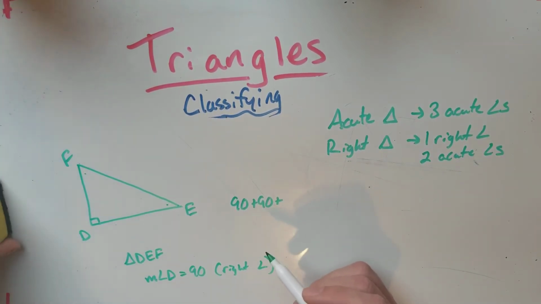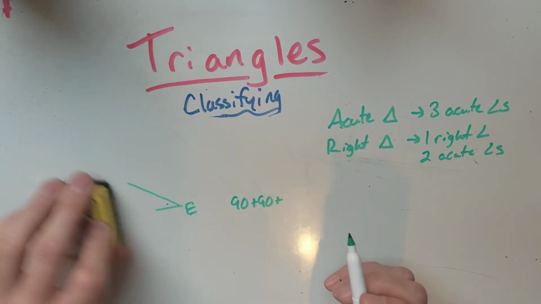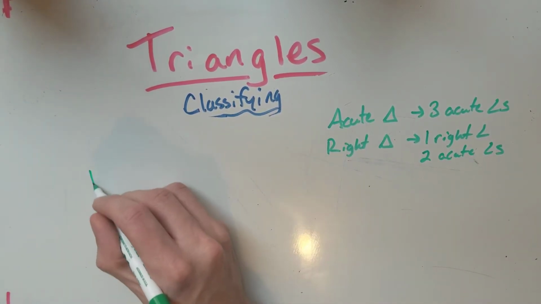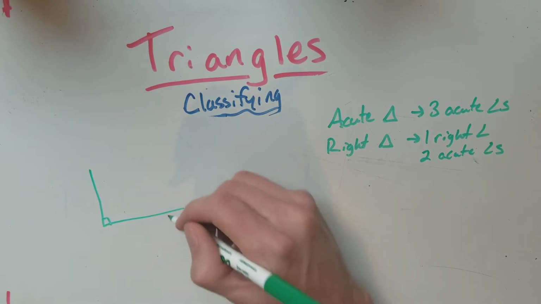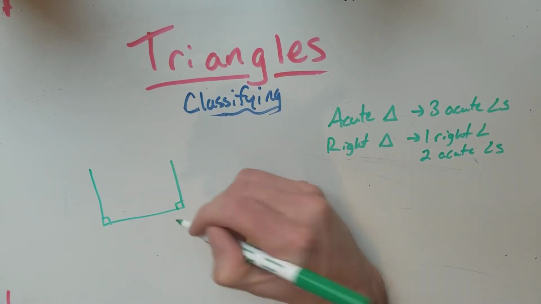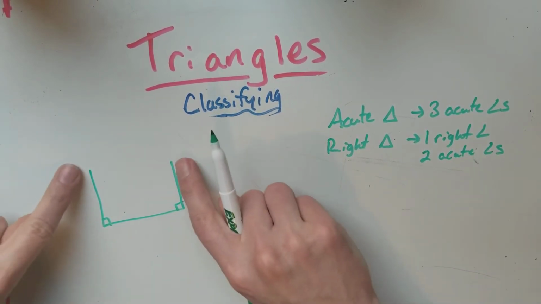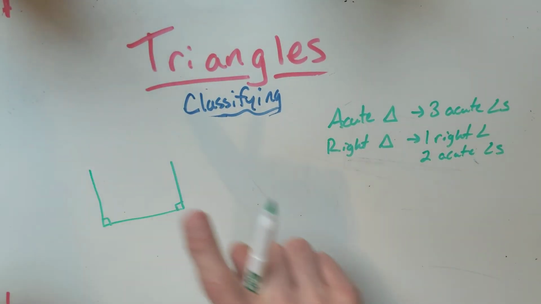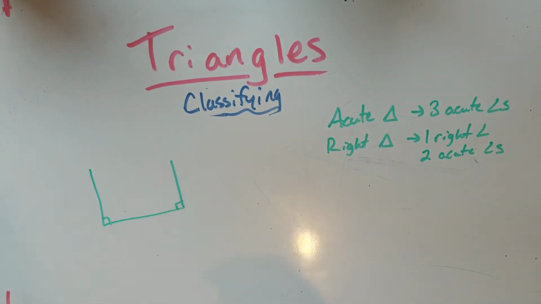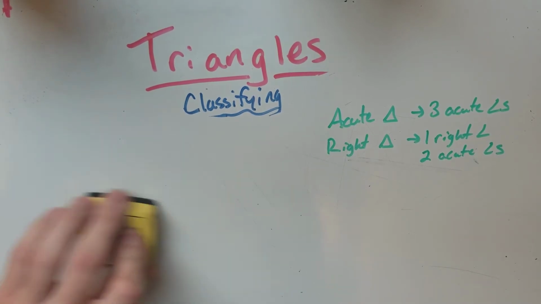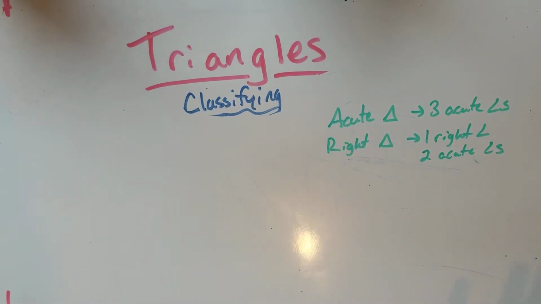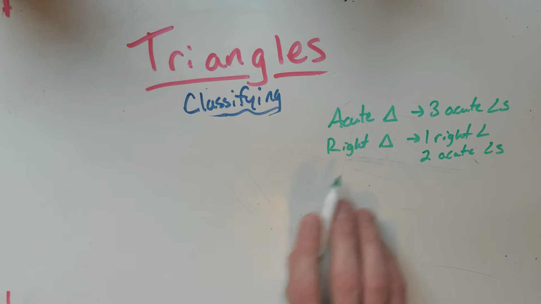So we're never going to have a triangle with 2 right angles. And if you think about how to draw that, well, here's one right angle. If you drew another right angle, you're not going to make a triangle. Both of these sides are going to infinitely go on. They're never going to cross and create the triangle. So you can't have a triangle with more than one right angle. You'll add up to more than 180. So there's our right triangle.